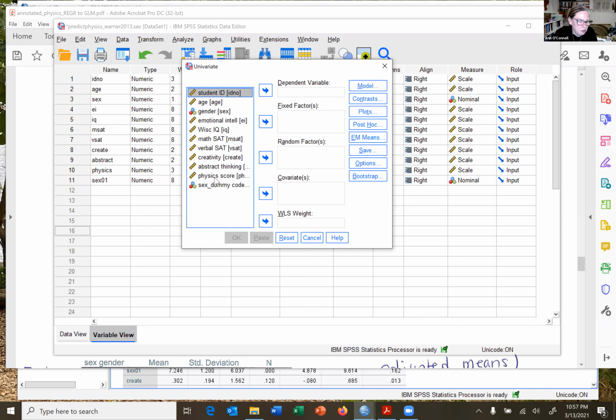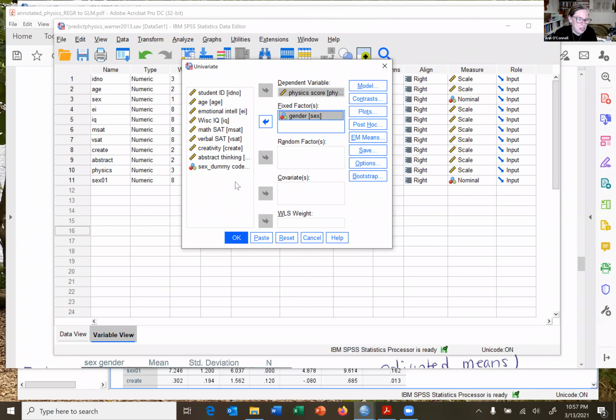So our dependent variable was physics, and now my fixed factor, that's going to be sex instead of the sex 0, 1 variable. And then I have the same set of covariates. So I have math SAT, verbal SAT, creativity, and abstract thinking. All of those are continuous. They're not factors. Strictly speaking, a factor is a categorical predictor.